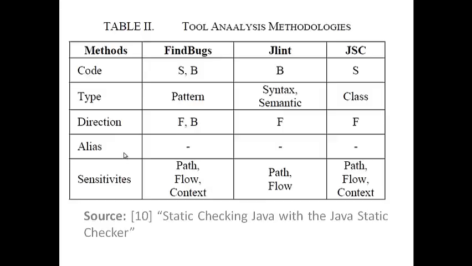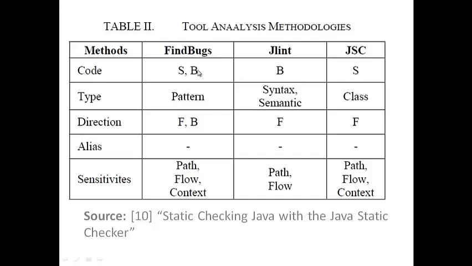Next, let's do a comparative study of different static analysis tools. The source for this comparison is taken from the Static Checking Java with the Java Static Checker conference paper. Here in the first row, we talk about the code that is analyzed. And basically, we are comparing three different tools: FindBugs, JLint and JSC, the Java Static Code Checker.